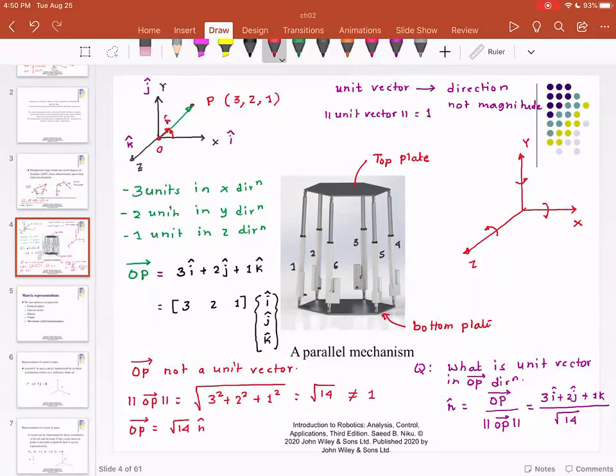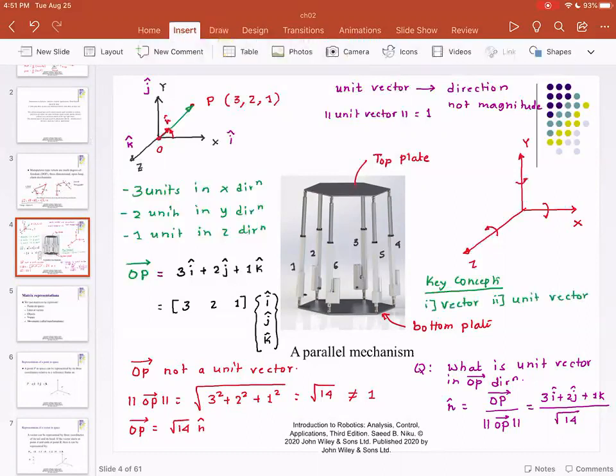That is a perfectly valid definition of a vector. Everyone understood what a vector is? The key concepts based on this discussion you should be able to understand are the vector and the concept of unit vector.